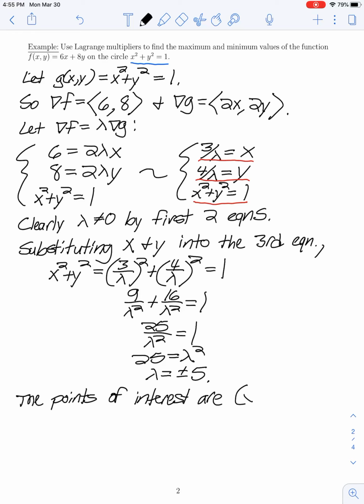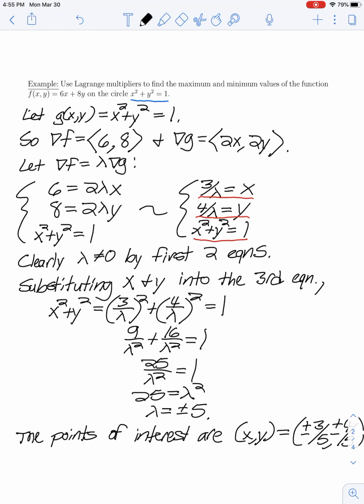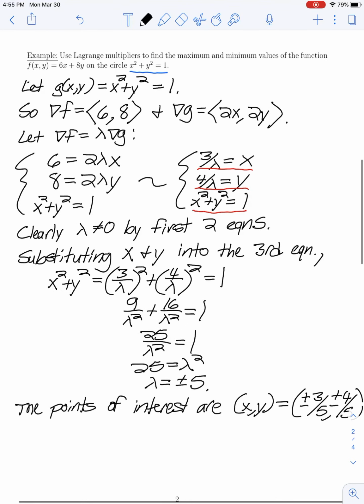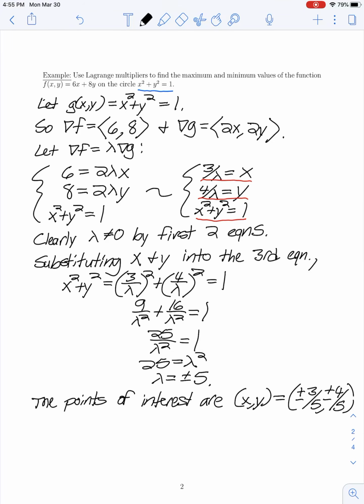So here, our points of interest are the points (x, y) equal to plus or minus 3 over 5 and plus or minus 4 over 5. And we're interested in determining the maximum and minimum values of our function.